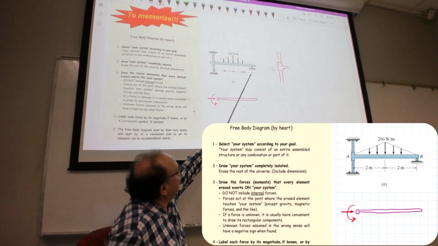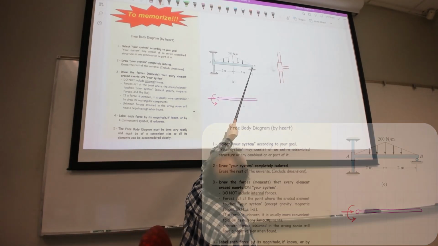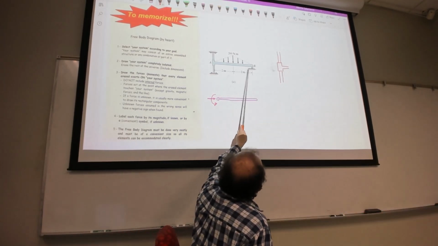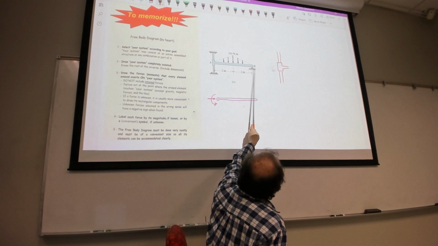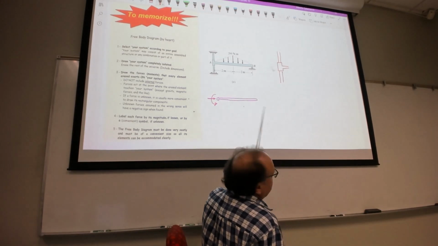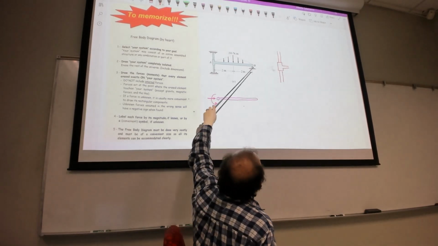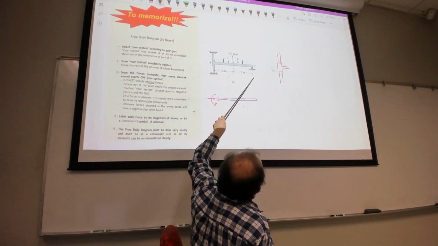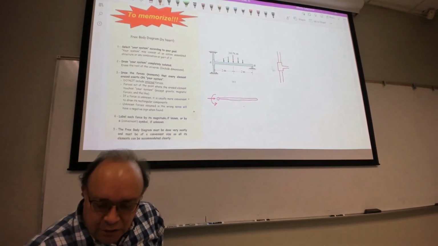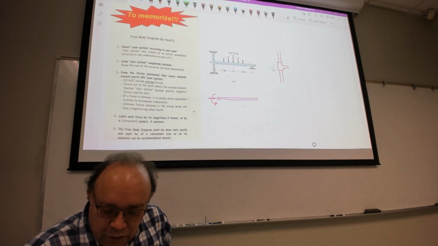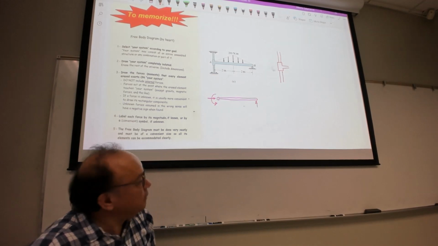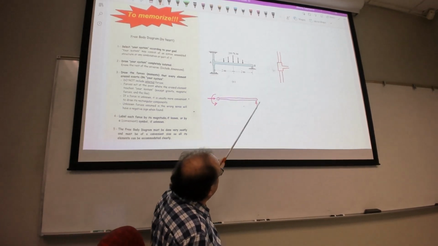How about this one? What force will be applied here? Can this move horizontally? Yes. So there is no horizontal force. Can this move vertically? No. There will be a force that is going to avoid the vertical motion, so you have to put a force right here. So this is replaced by this.